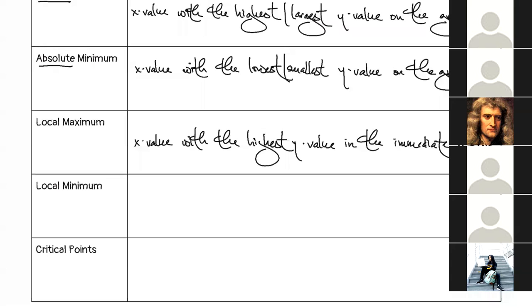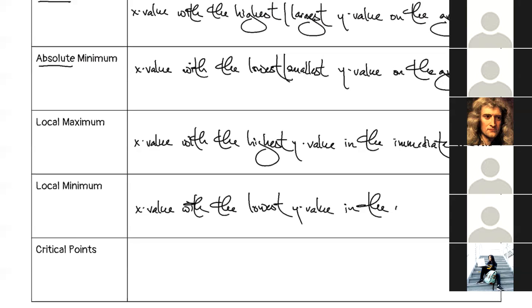So the difference between an absolute and a local is that absolute is the whole graph, and local, we're really looking in just a small interval or a small region. Okay. And we could say for a local minimum, it is the x value with the lowest y value in the immediate region.